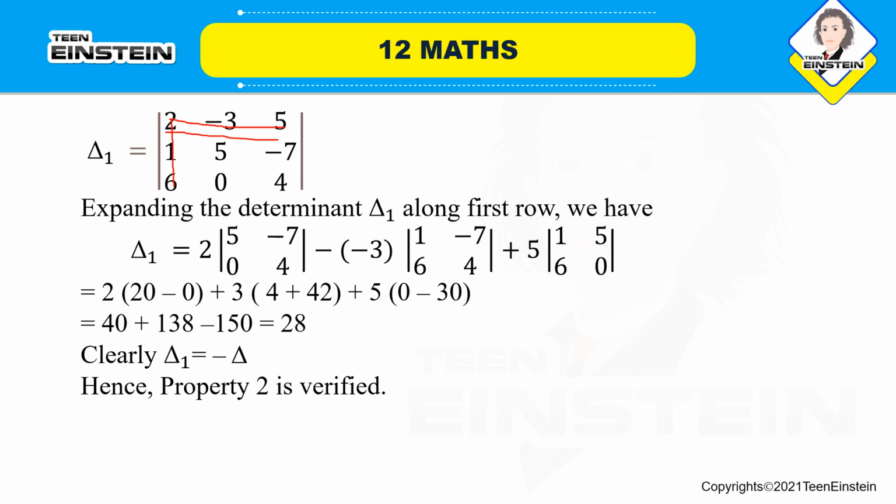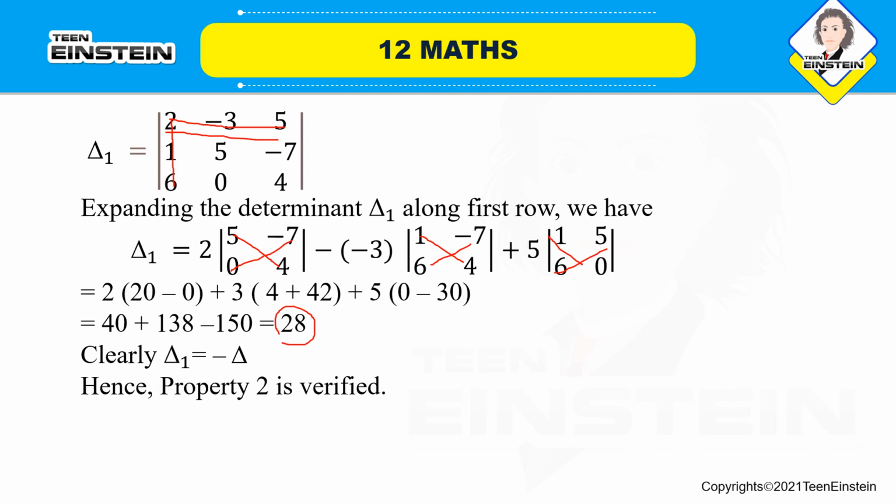On simplification: 2 into (20 minus 0), minus of minus 3 becomes plus 3, into (4 minus minus 42). Here you get minus 42 actually, but with the minus sign in front, minus of minus 42 becomes plus 42. Plus 5 into (0 minus 30).